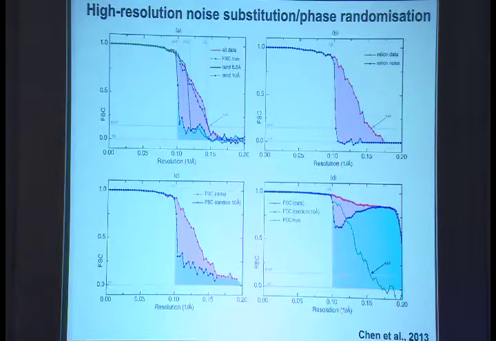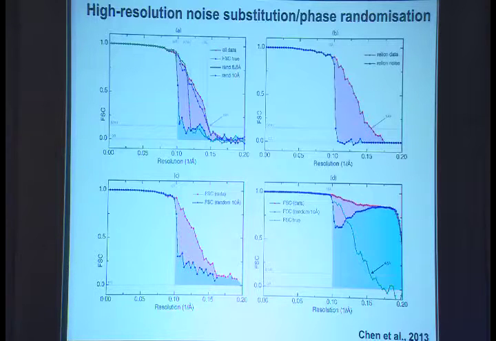This is a program which was meant to do overfitting deliberately. You see that here the blue curve, which is the randomized one, goes all the way to 5 angstrom, which is obviously nonsense. Then you correct for this, and you get a real resolution, which is 6.5, comparable to Relion. These are the other two programs. Again, you can randomize at different values and see how far your signal goes.